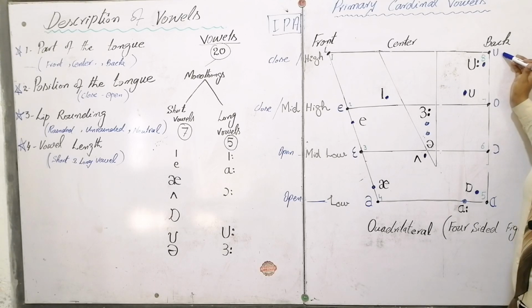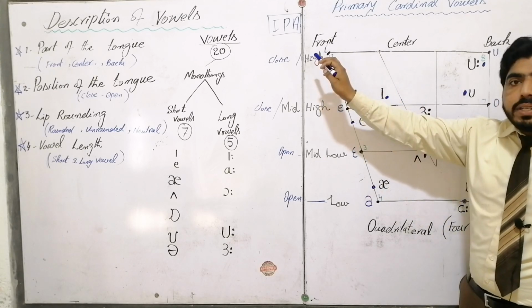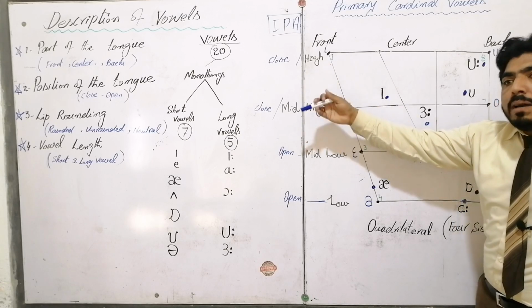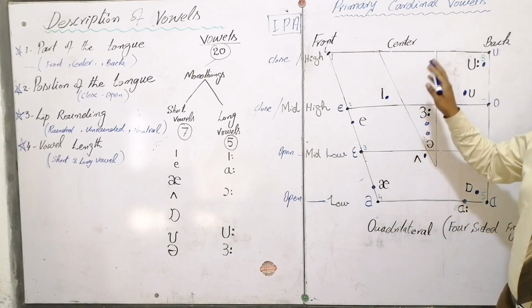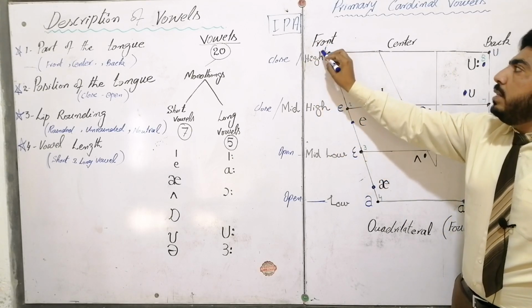If we pronounce E, this sound is pronounced from the front part of the tongue. This is the extreme position, right? Any speaker of any language who can produce maximum front and maximum high kind of vowel, that will be this one.